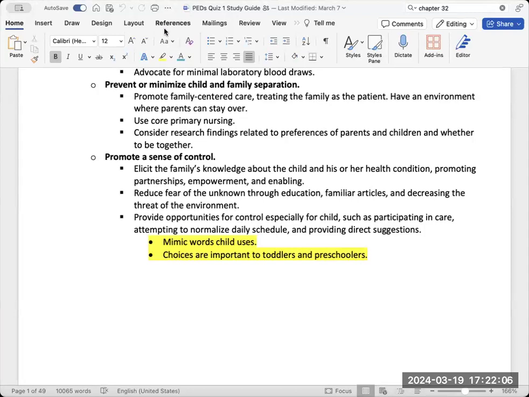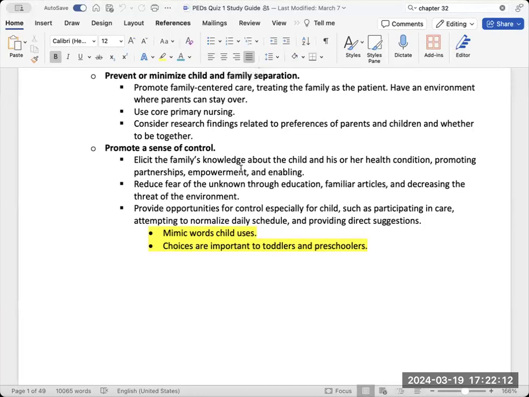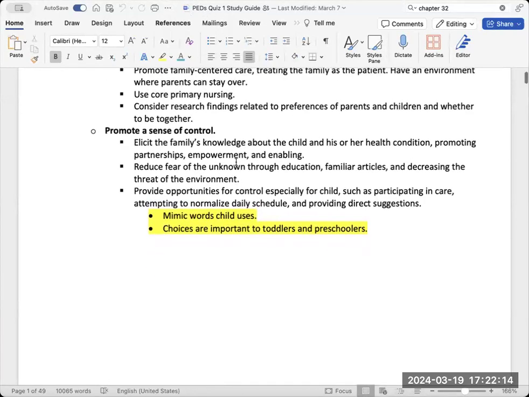The next thing that we can also do is promote a sense of control. We need to make sure that the family feels like they have a say and that the child also knows what's going on. You're in a new setting and all of this can be a lot. So we want to elicit the family's knowledge about the child and his or her health condition and promote partnerships, empowerment, and enabling.